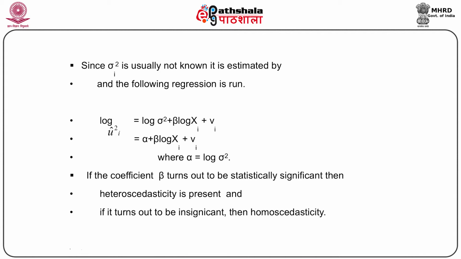If the coefficient beta in the above regression model turns out to be statistically significant, then that suggests presence of heteroscedasticity. In other words, the null hypothesis for testing heteroscedasticity is H naught: beta equals 0. And if it turns out to be insignificant, we accept the assumption of homoscedasticity.